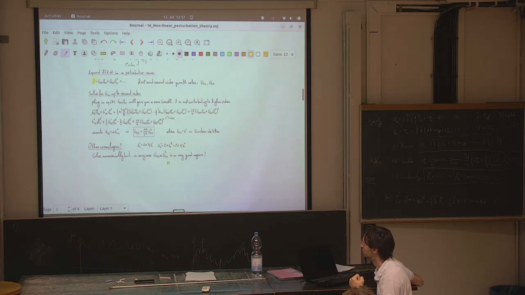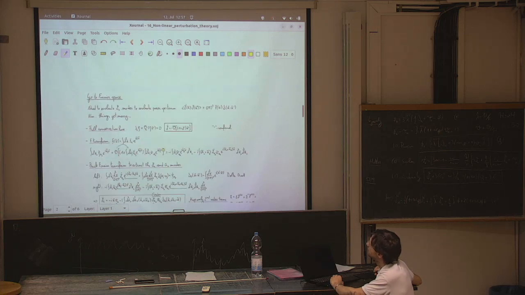Now notice that nature, if you wish, or math, was kind enough such that this expression is a very, very good approximation in general. What is going to change is basically the factor in front. So in general, that's the expression that you get. Second order is proportional to first order to the power of 2.